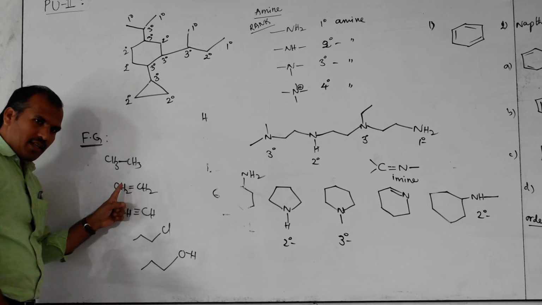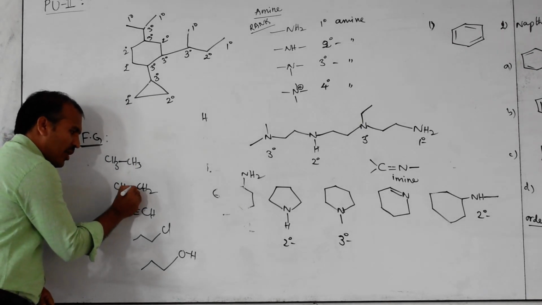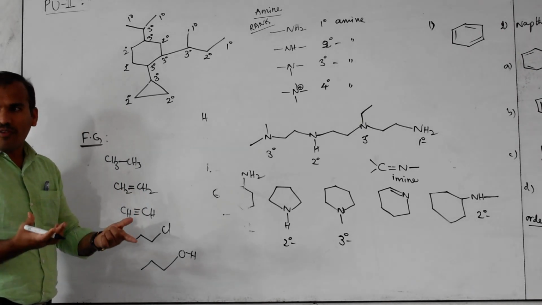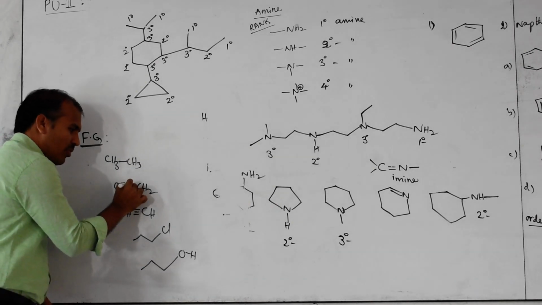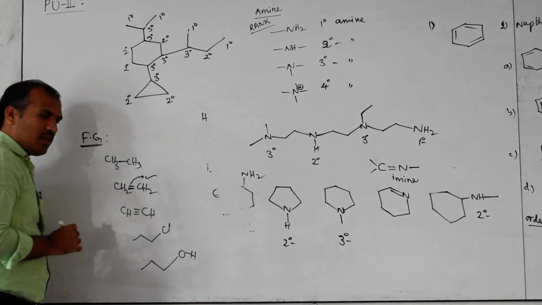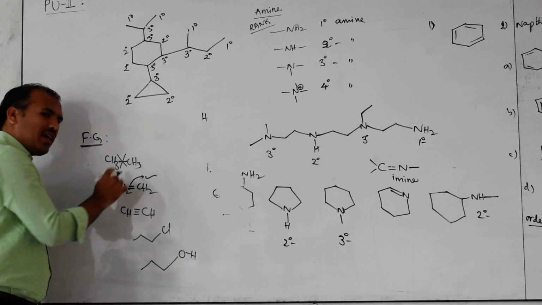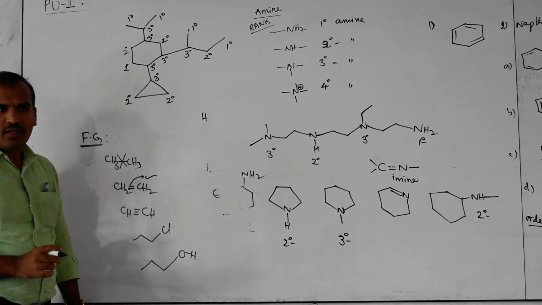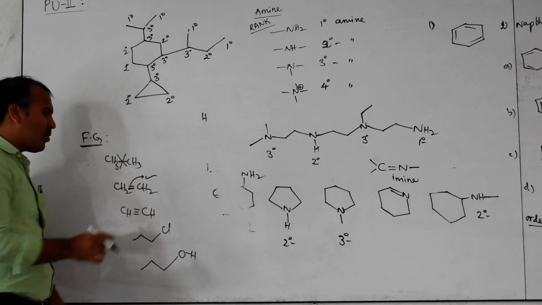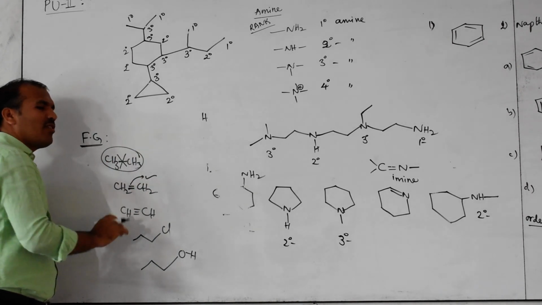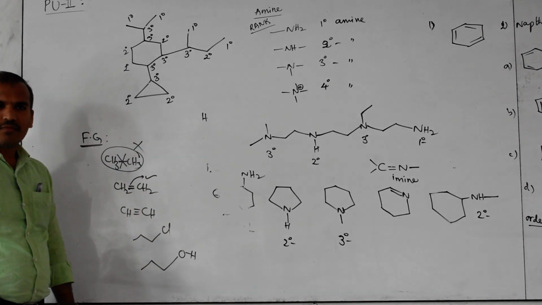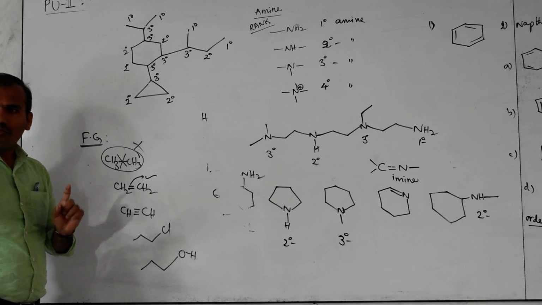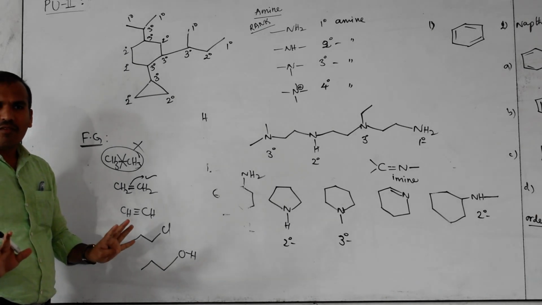In the double bond, one is a sigma bond and another is a pi bond. The pi bond acts as a nucleophile, so it is the reactive part. Single bonds are known as paraffins in all cases. They do not react. Therefore a single bond is not considered a functional group. Got the point?